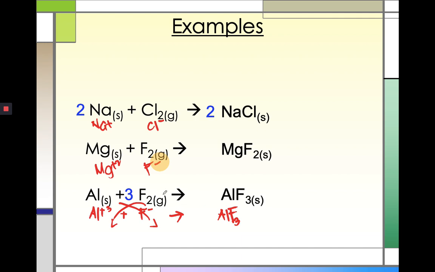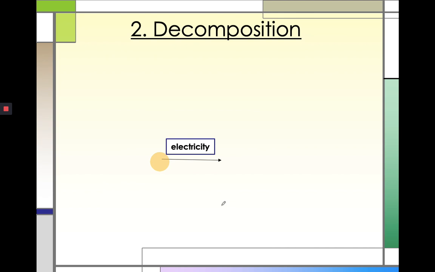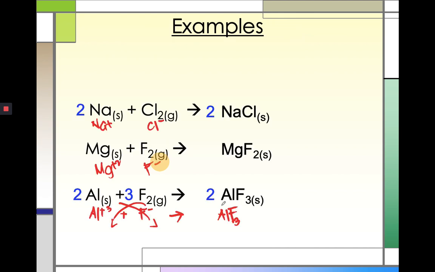And in doing so, since there are six fluorine atoms here, we are going to place 2 as our coefficient for the whole compound AlF3, and then 2Al also in the reactant side, so that they will be equal. Alright, so don't worry, there will be another video showing a lot more examples in balancing chemical equations. So that is just a preview in a way.